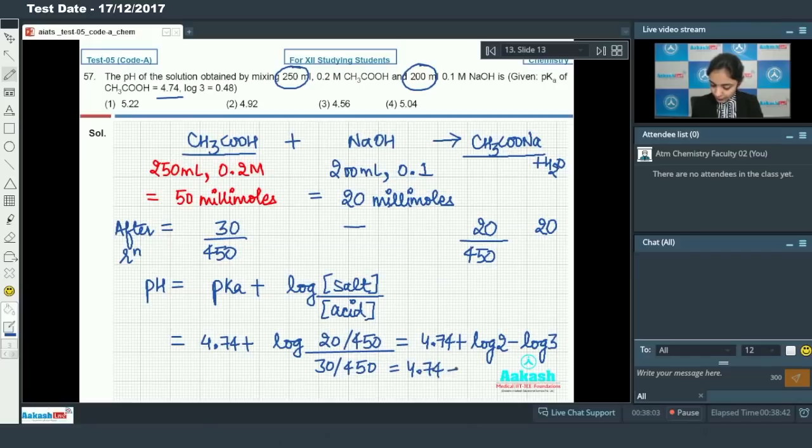The value of log 2 is 0.301, and the log 3 value we have already been given, that is 0.48. Now calculate this. You will get the answer, that is 4.56. So option number 3 will be our correct answer.